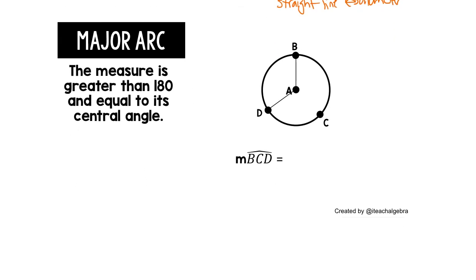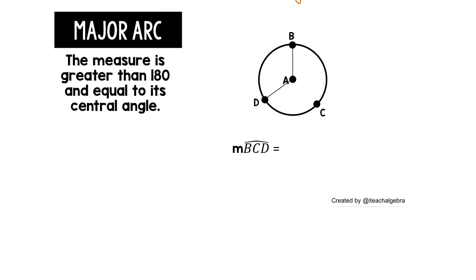Last but not least, there's a major arc. The measure is greater than 180 and equal to its central angle. So the measure of arc BCD is, if BAD is 135, as we found for BAC above, it means arc BCD is 360, all of the degrees of the entire circle, minus that 135 arc.